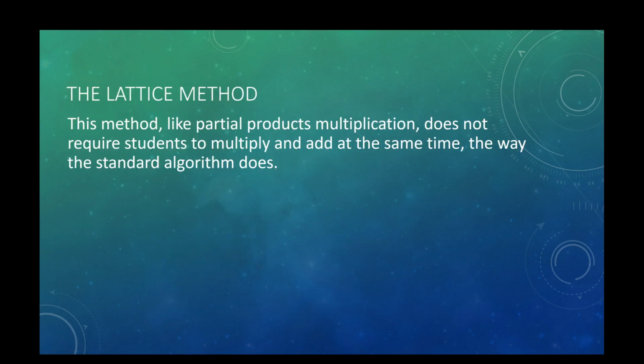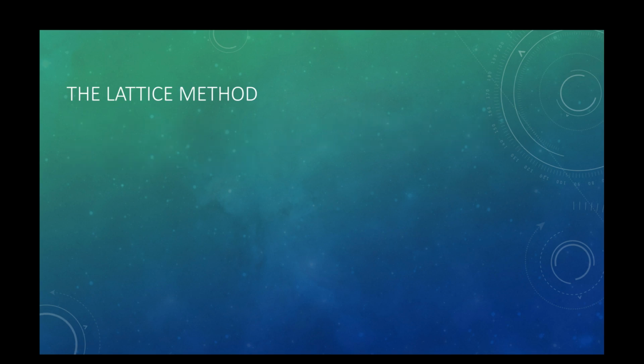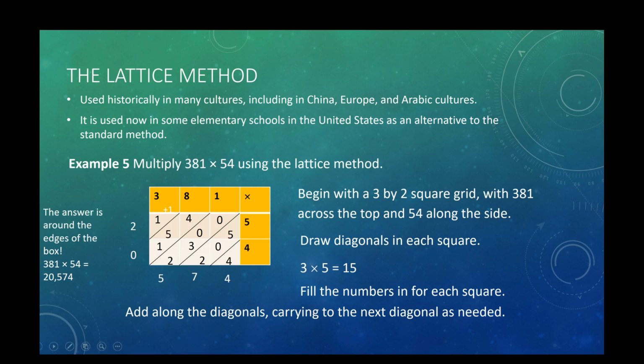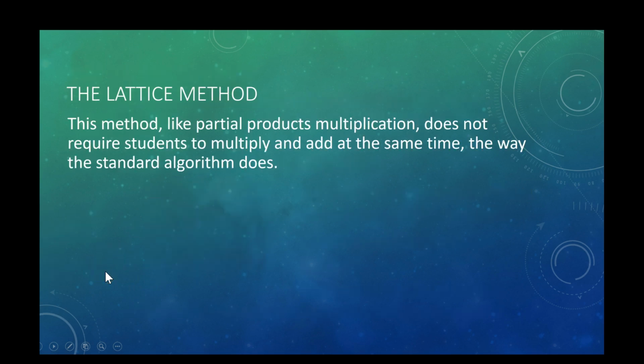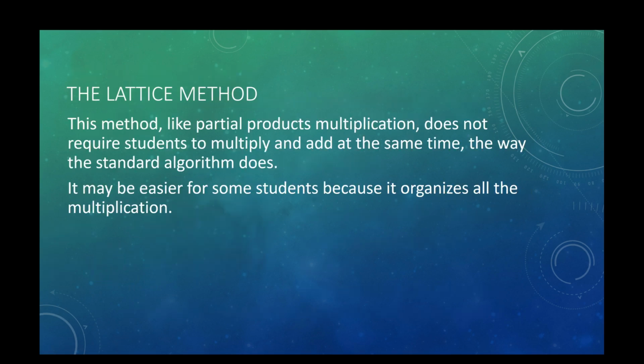The lattice method, like partial products multiplication, does not require students to multiply and add at the same time, the way the standard algorithm does, right? So if you notice back here, we added along the diagonals after we were done with all of our multiplying. It may be easier for some students because it organizes all the multiplication.